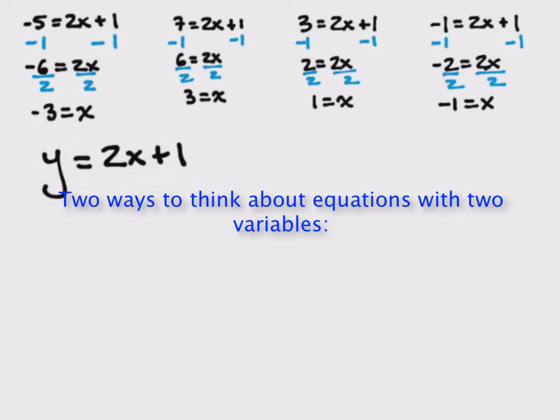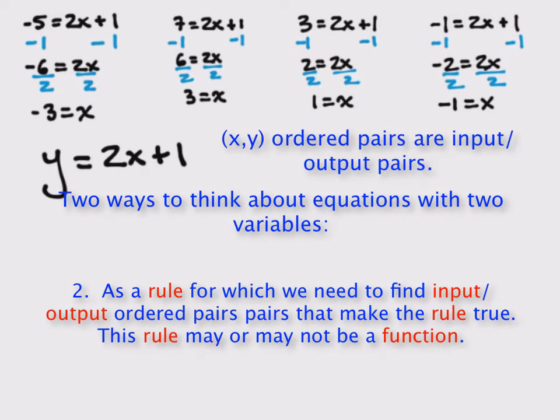The other way to think about it is as a rule, where y is the output and x is the input. In that case, we're looking for all input-output pairs to our rule that make the equation true. This rule may or may not be a function.